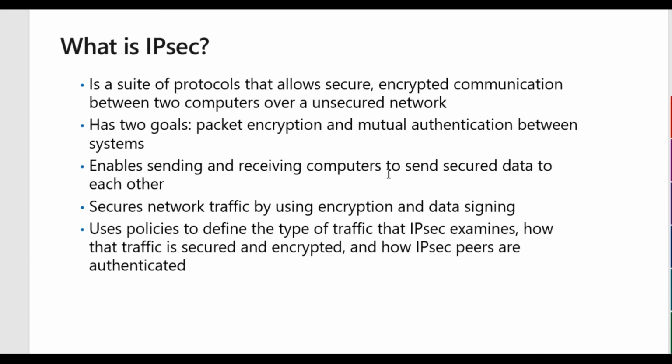It enables sending and receiving computers to send secure data to each other. It secures network traffic by using encryption and data signing. It uses policies to define the type of traffic that IPsec examines, how the traffic is secured and encrypted, and how IPsec peers are authenticated. Encryption and authentication are looked after by IPsec.